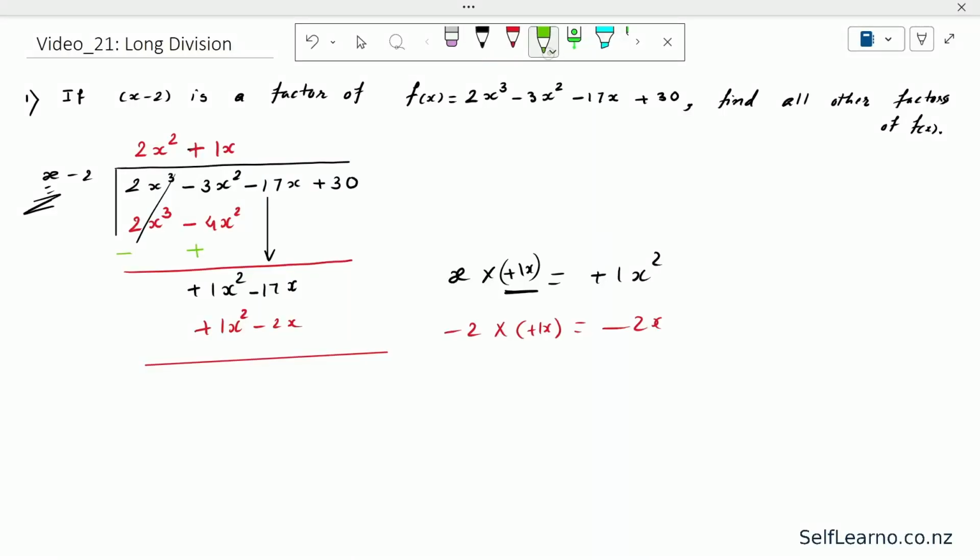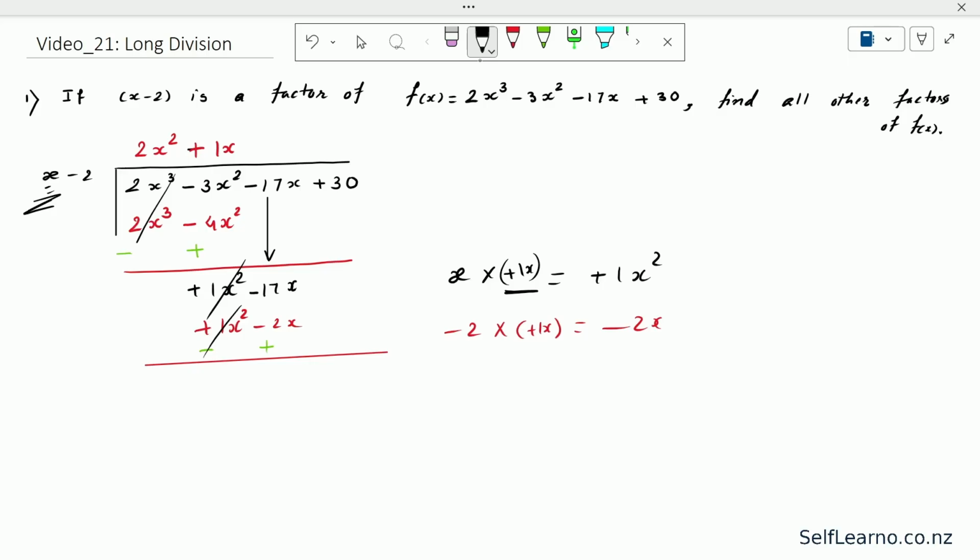Let us change the sign. Positive becomes negative and negative becomes positive. You should consider this sign: it is negative 1x square and it is positive 2x. So these will cancel each other.